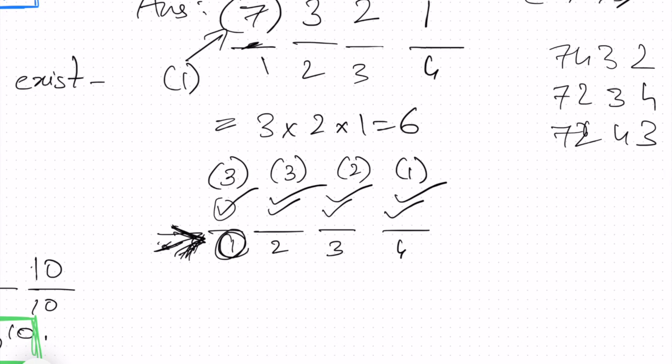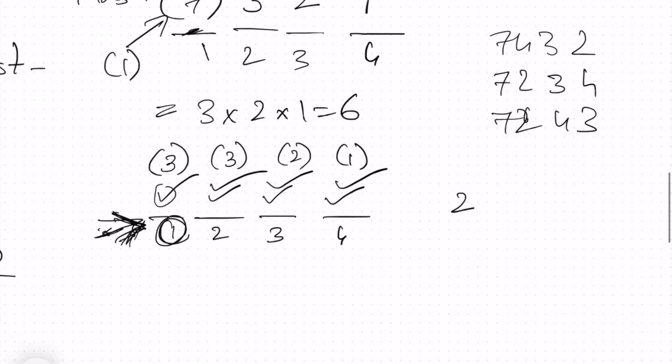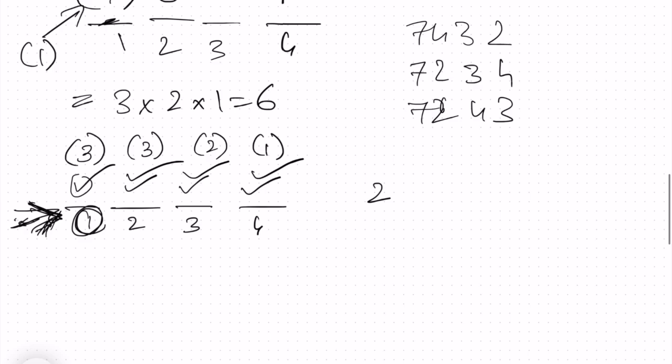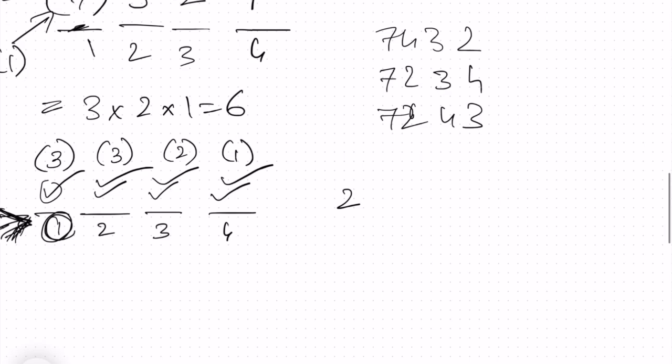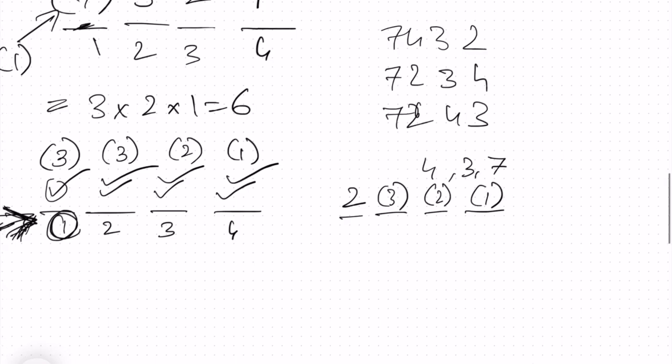Because for the thousands digit we have 3 possibilities, 2 or 4 or 3. Now because I've already used 1, we have 2 digits left, and again we have 7. So say perhaps the first thousands digit is 2. Now I have 4, 3, 7 remaining. If I fill up 2, there's 3 ways to fill up this place, 2 to fill up this place, and then 1 to fill up the last place.